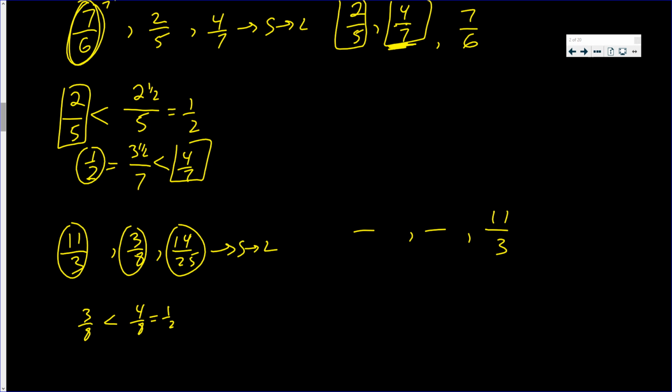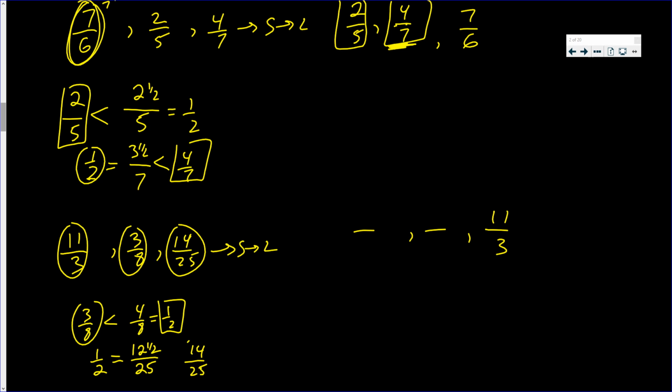But now, a half is equal to 12.5 over 25. But you know what? We have 14 over 25. This is bigger than a half. This fraction is less than a half.